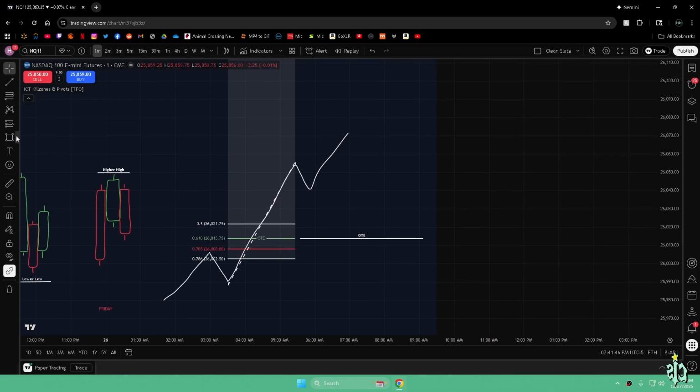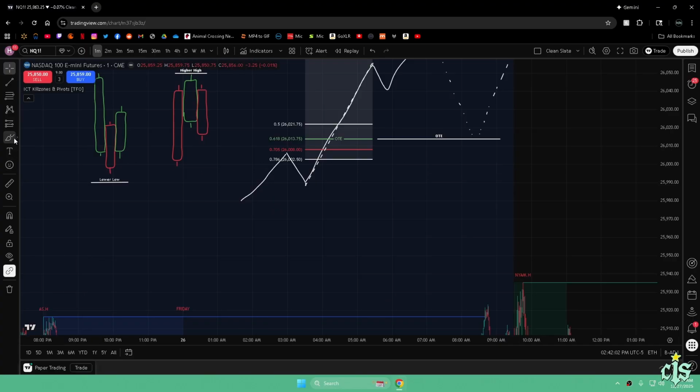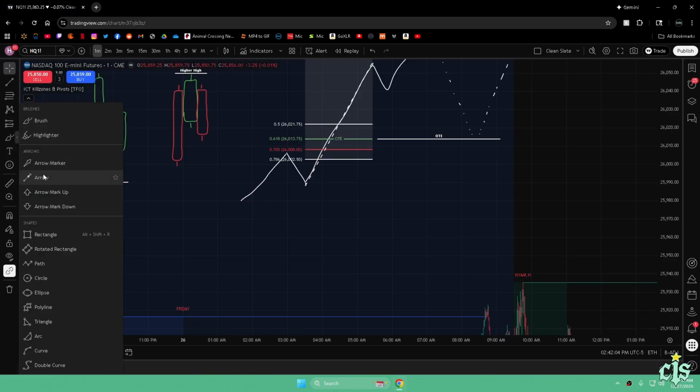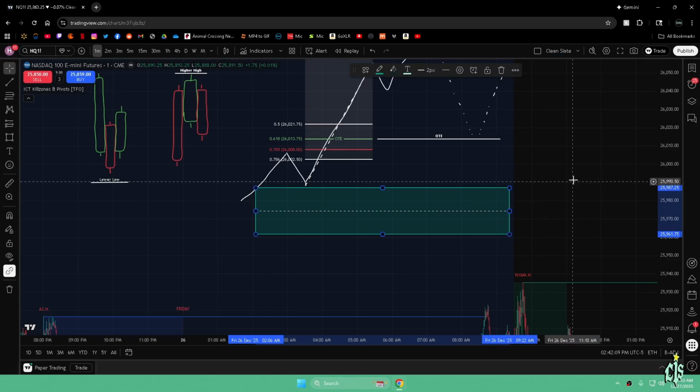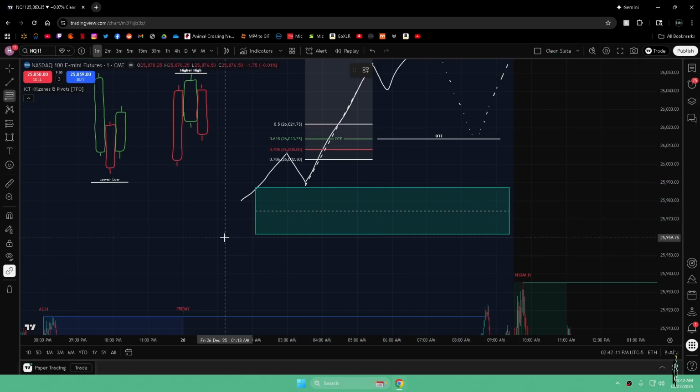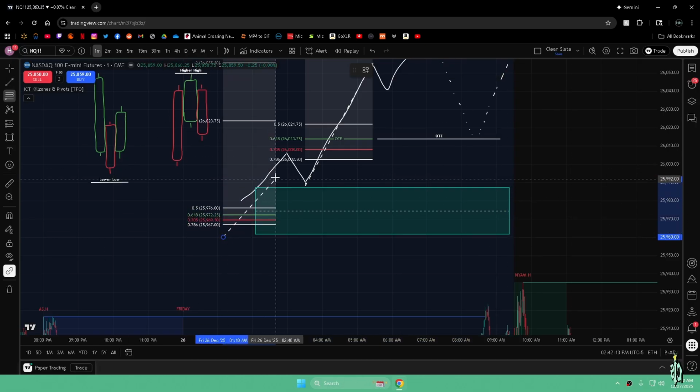So we could look for market to come back down and basically tap it. You could take buys and continue up. And then if you have another imbalanced range down here, let's say there's another imbalanced range down here, and we have our OTE right here.